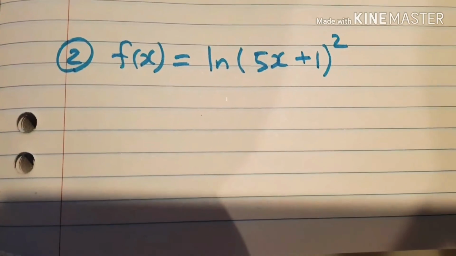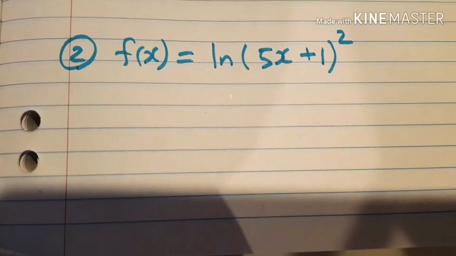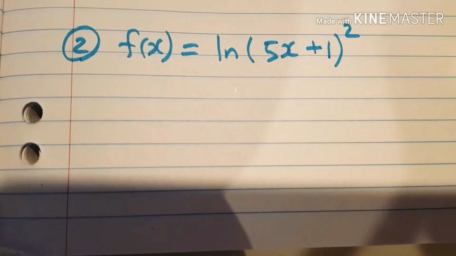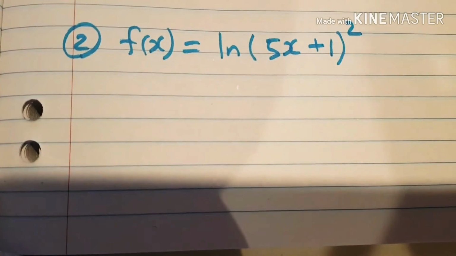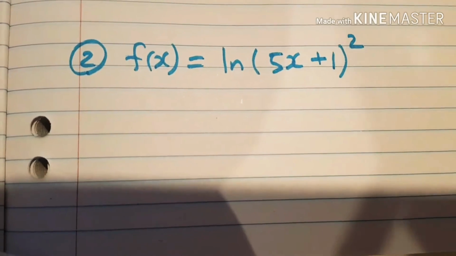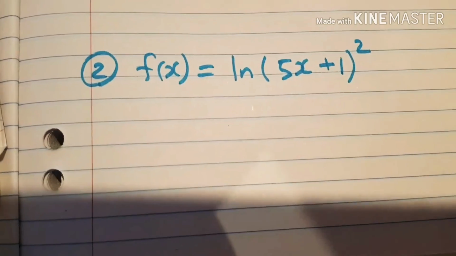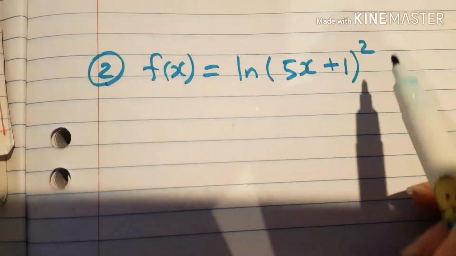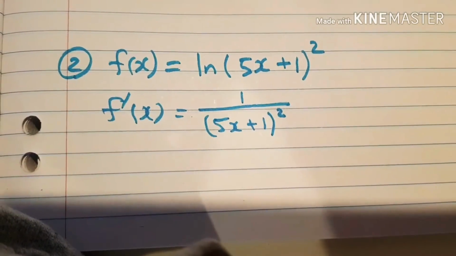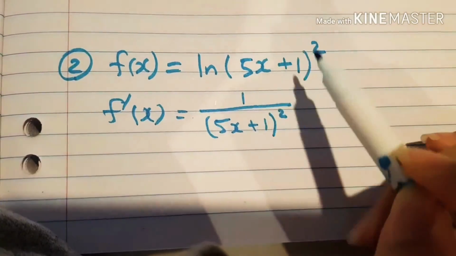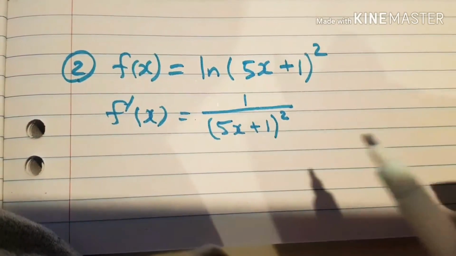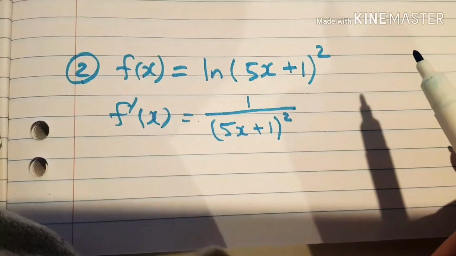Okay, then let's have a look at this one. This is an ln function with the natural log ln. What do you think I need to do first? This is ln, so I have to go 1 over, including that squared, I brought everything down. According to the chain rule, what do you need to do?